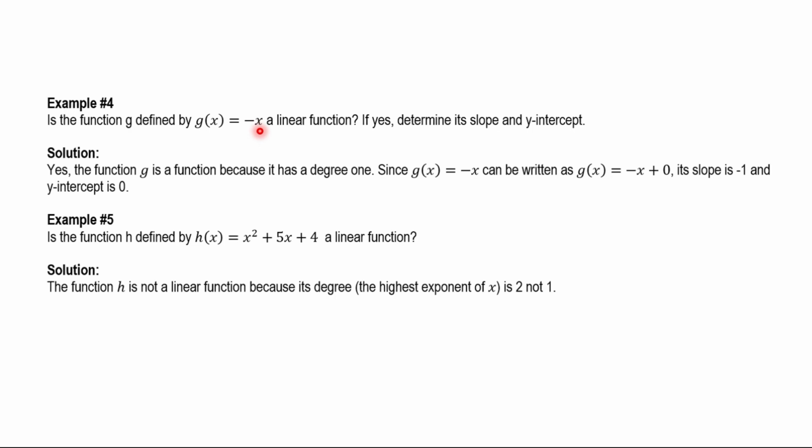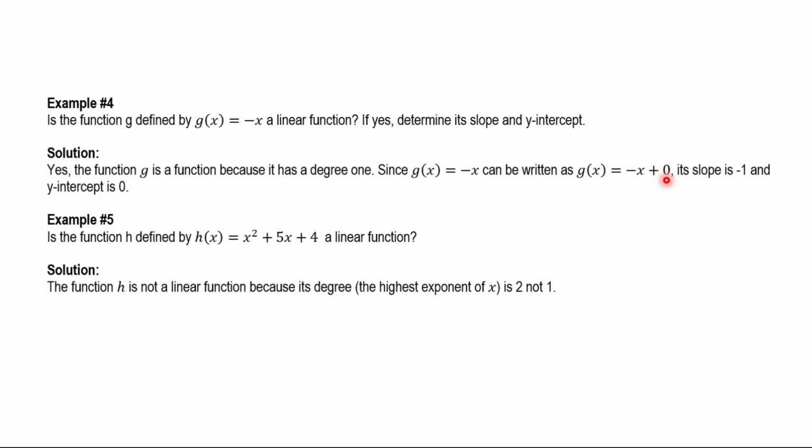If there is no number in front of the variable, there is an imaginary 1. So, our slope is negative 1 and the y-intercept is 0. If you don't see a b there, meaning no number, it is automatically 0.